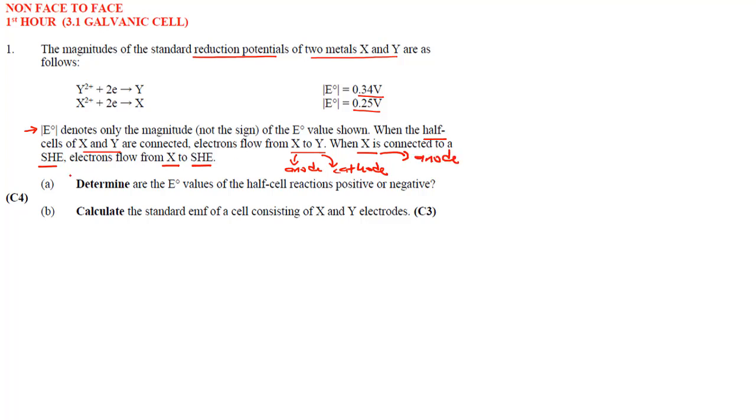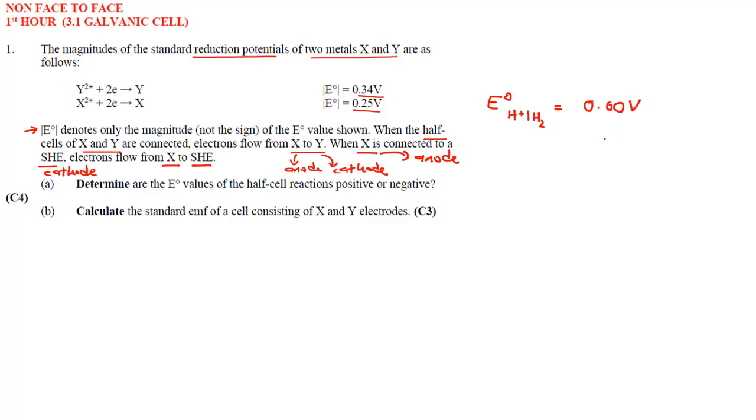So kita punya X adalah anode, kita punya SHE ni adalah cathode. So another thing yang you perlu tahu dekat sini, E naught cell untuk kita punya SHE, dia punya value adalah 0.0 volt lah.